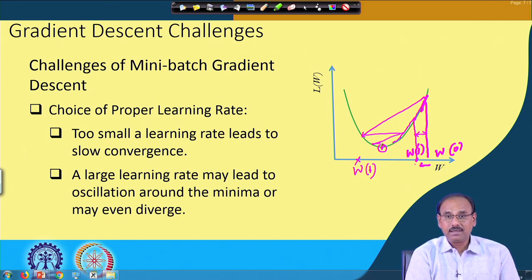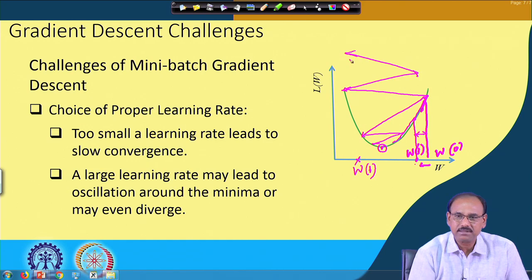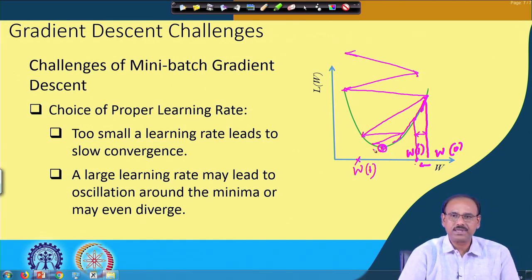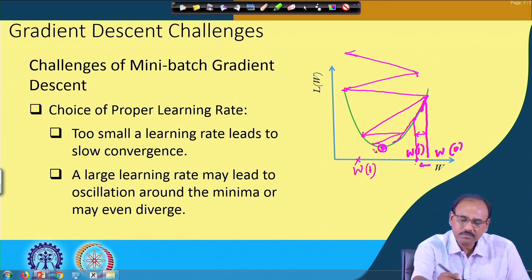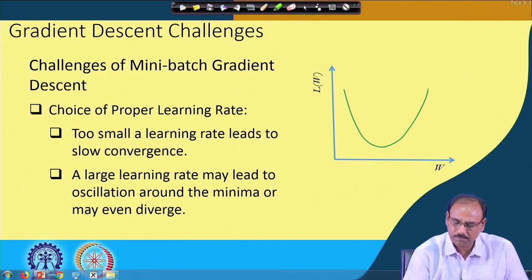It may so happen that if the step size is very large, I may even go over here. It can go like this, and in such cases, instead of converging to the minimum loss location, you are actually diverging. So you find that the choice of proper step or proper learning rate is very, very important. This is one of the challenges of the gradient descent problem.